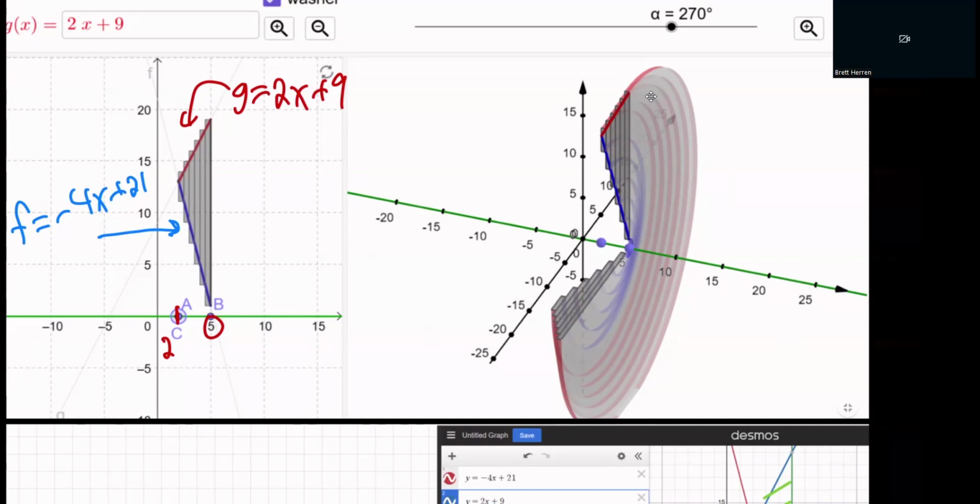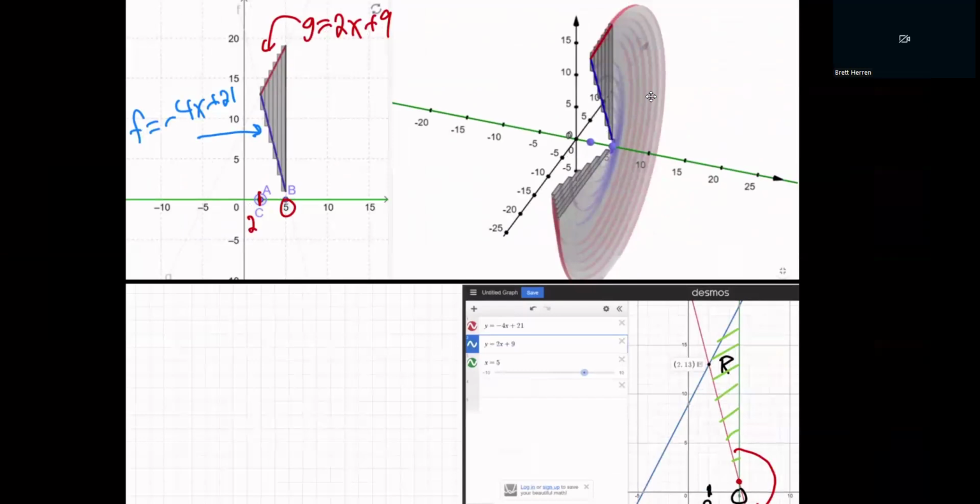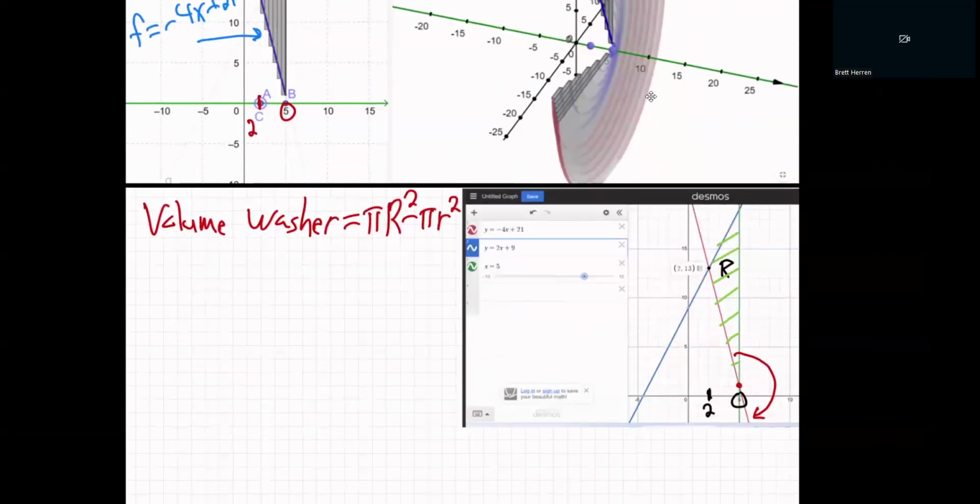Well, it's got an outer radius and an inner radius. These are all discs, technically they're washers, so we're going to use washers. The volume of a washer is pi big R squared minus pi little r squared. Let me draw a picture to make sure that's clear.